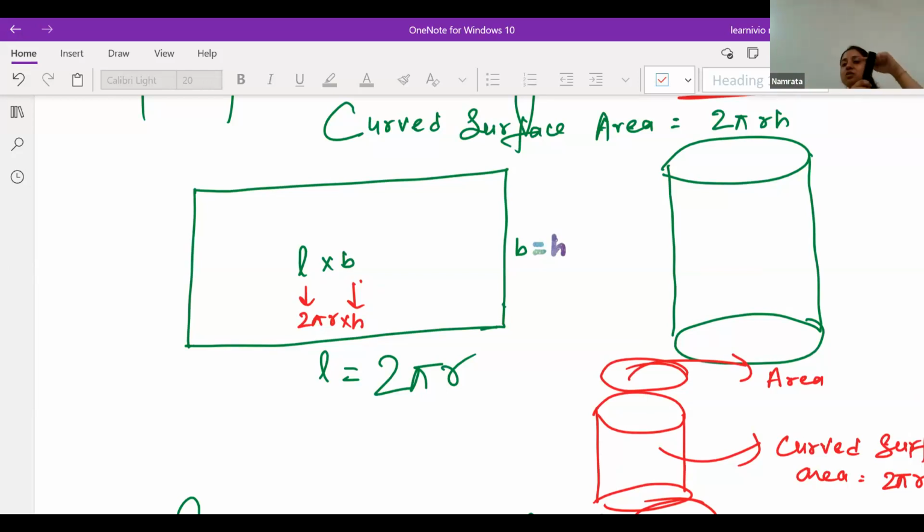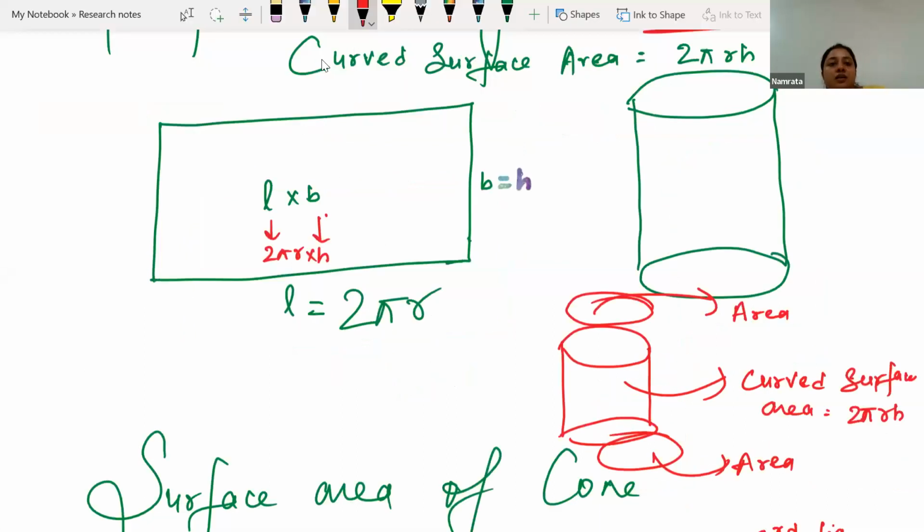So 2 pi RH, the curve part. This is a circle, pi r square. This is a circle, pi r square. We will add all of them together to get the total surface area of the cylinder. What's the formula for that? Let me wipe out this rectangle.